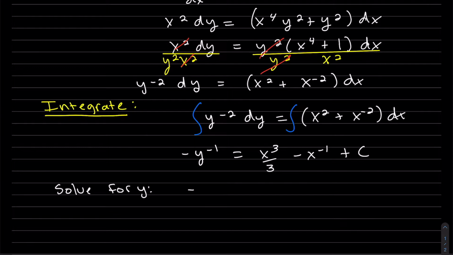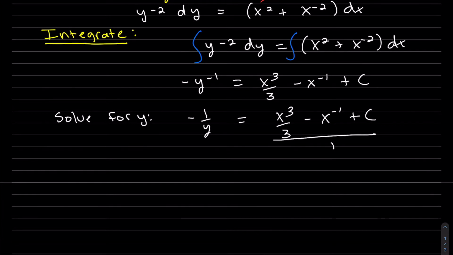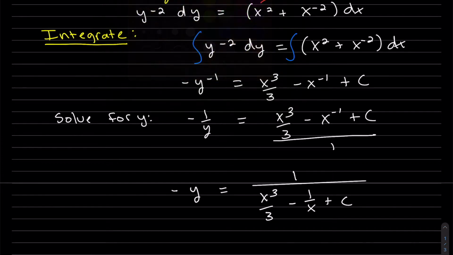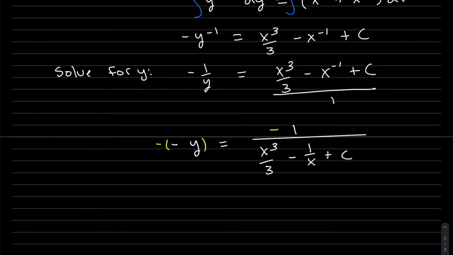Solve for y. I'm just going to reciprocate both sides. This is minus 1 over y equals, and we can move this negative, take the negative of both sides and simplify.